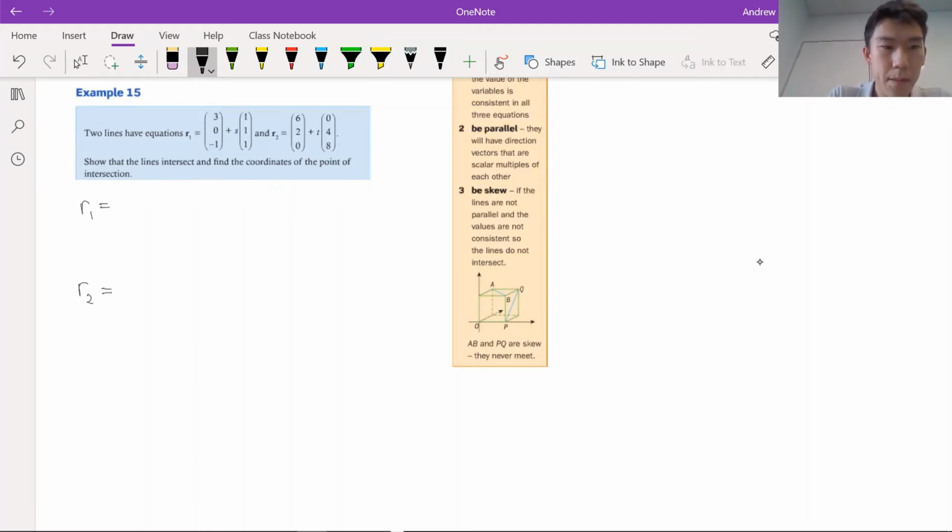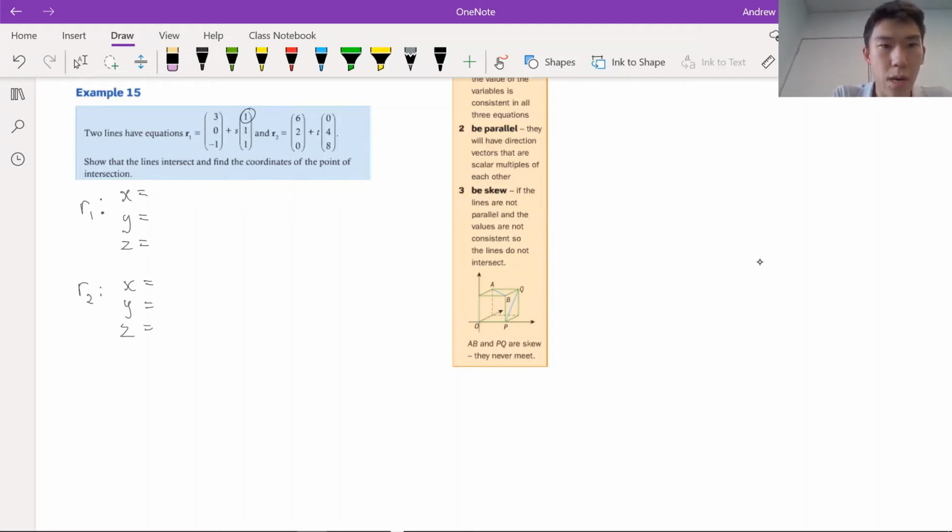Maybe I just do this. Okay, so if we separate x, y, and z components, we have x, y, and z. Okay, so we're looking at these numbers here.